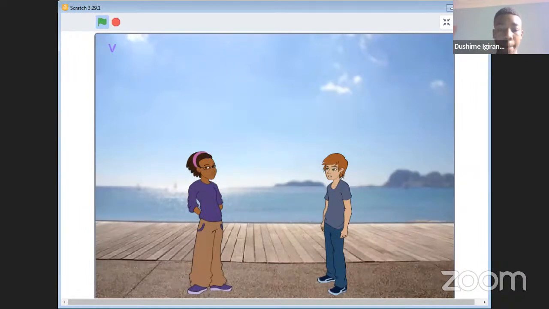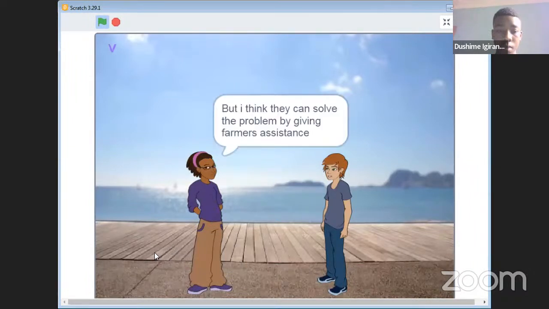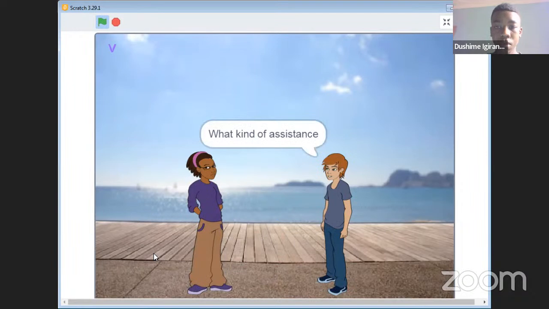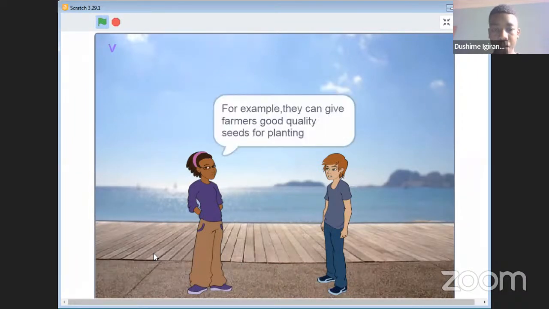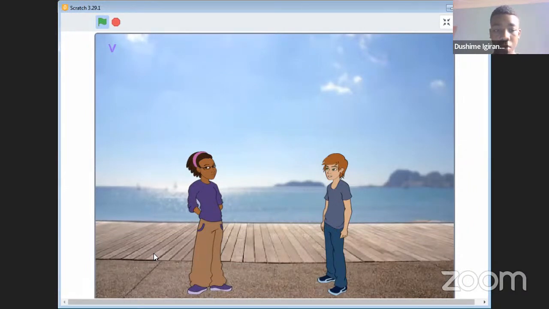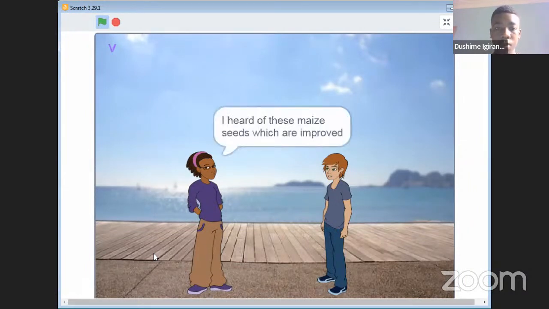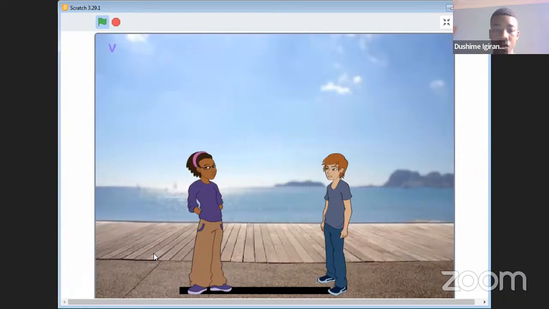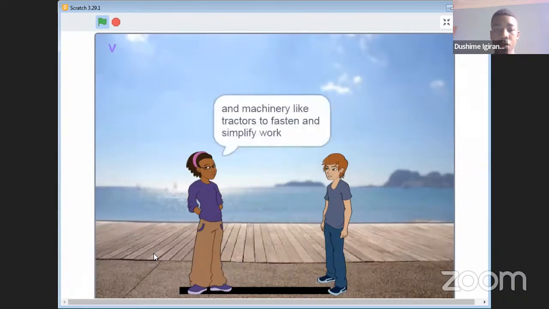Like the price of a kilogram of rice ranges from 4,000 to 5,000 shillings. But I think they can solve the problem by giving farmers assistance to provide food. What kind of assistance? For example, they can give farmers good quality seeds. I heard of these maize seeds which are improved. They grow faster and yield more.